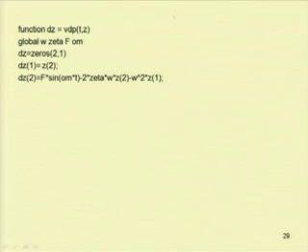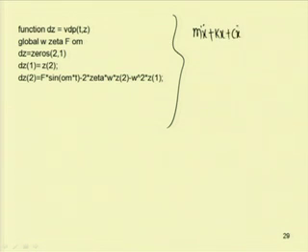Okay, so let me write this equation. The equation is m x double dot plus c x dot plus k x equal to f sin omega t. Let us put x dot equal to z2 and x equal to z1.